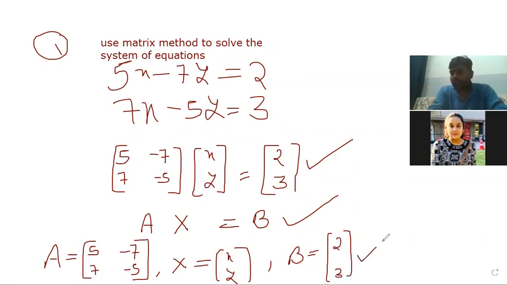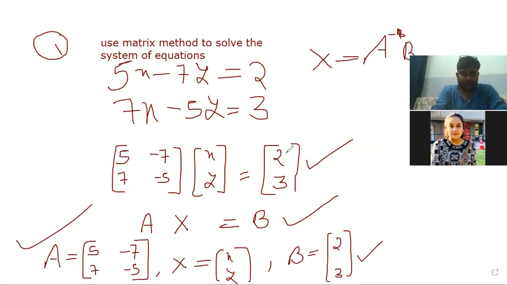So we got this. Now we will find the A inverse of this matrix, and previously we have written that X is equal to A inverse B. AX is equal to B will be changed into X is equal to A inverse B, and multiplying that, we will get the values of x and y.